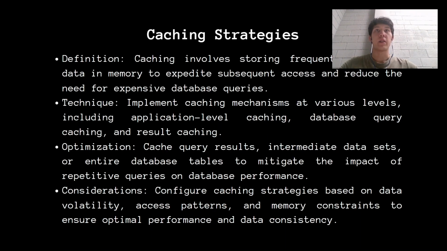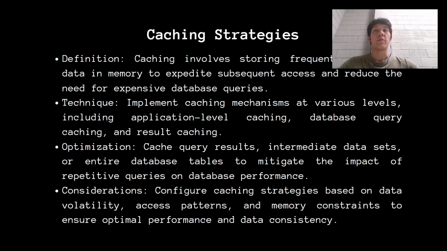The last one is caching strategies. Caching involves storing frequently accessed data in memory to expedite subsequent access and reduce the need for expensive database queries. We implement caching mechanisms at various levels, including application level caching, database query caching, and result caching.